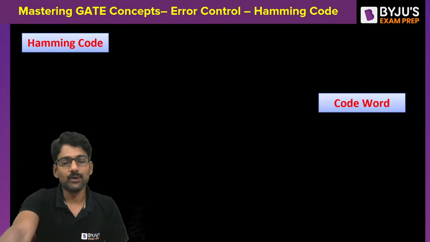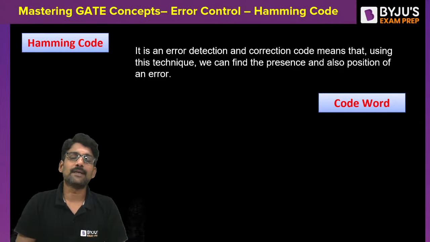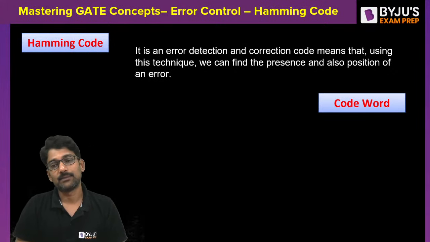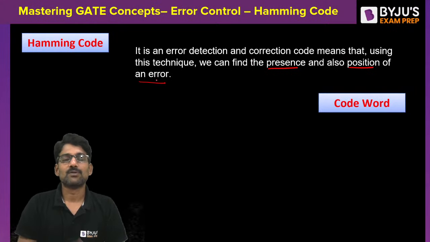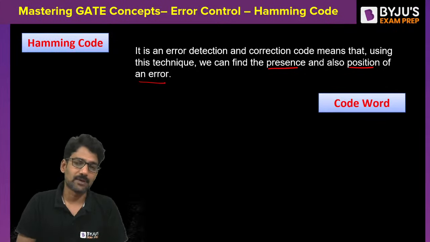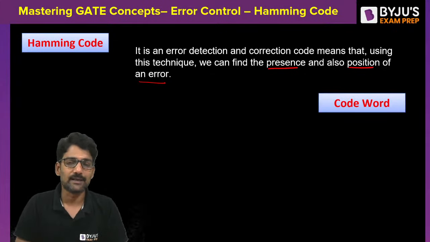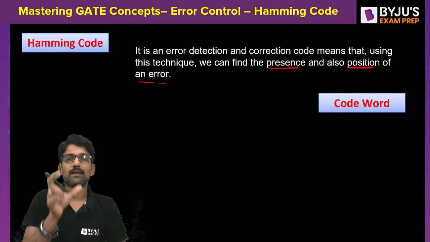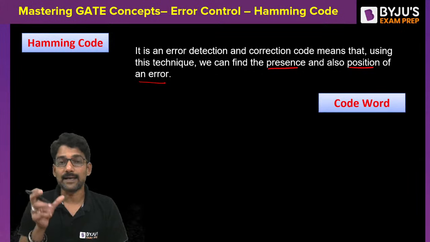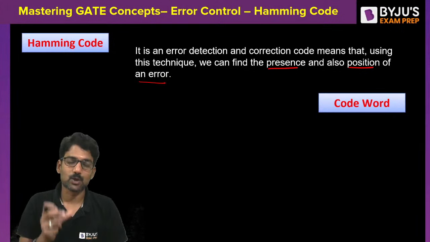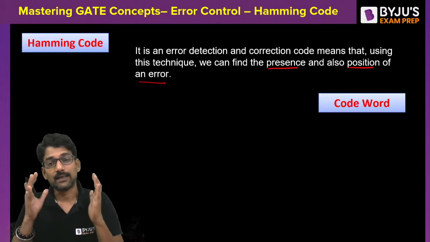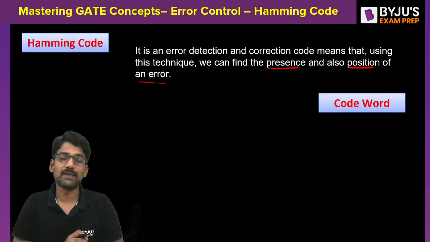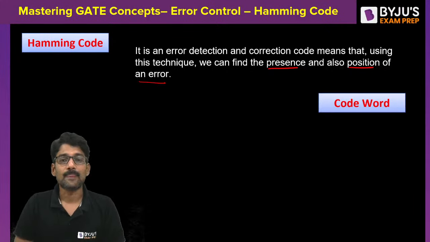Guys, we know Hamming code is a correction technique. It will find the presence and also the position of an error. In the CRC technique, we have already seen how we handle errors. To the data that we want to send, we add some bits which are called redundant bits. After adding them, that formed content is sent to the receiver.